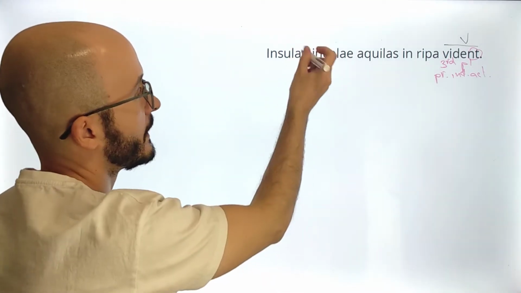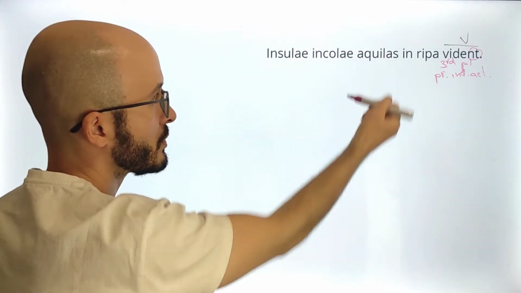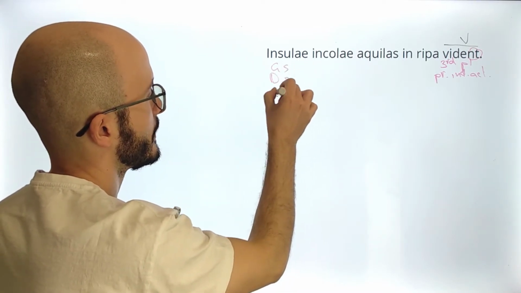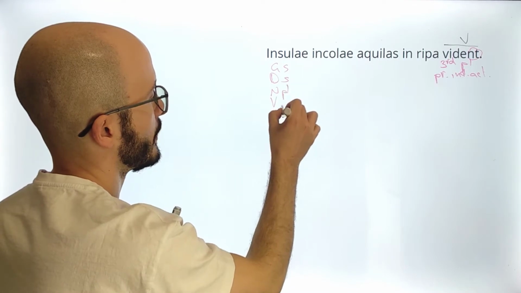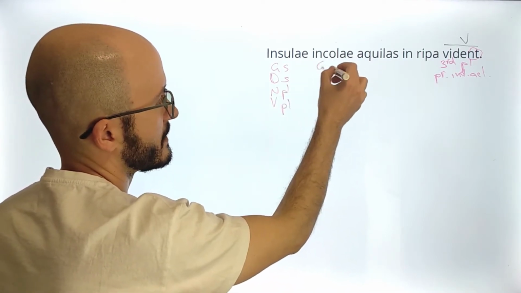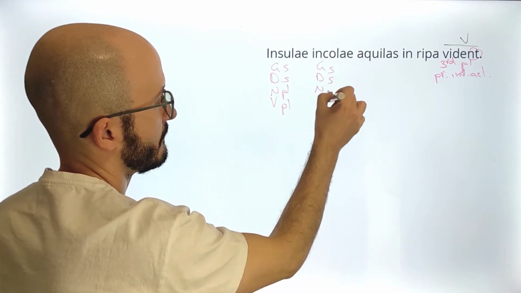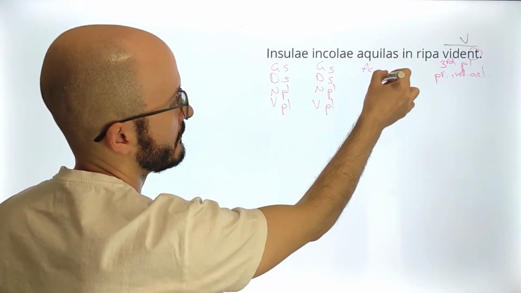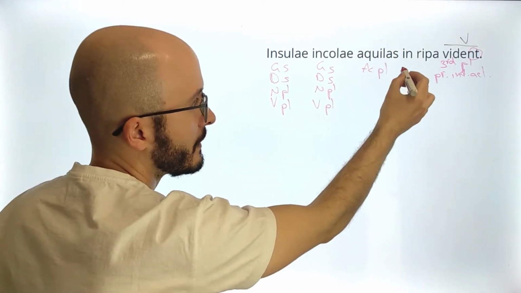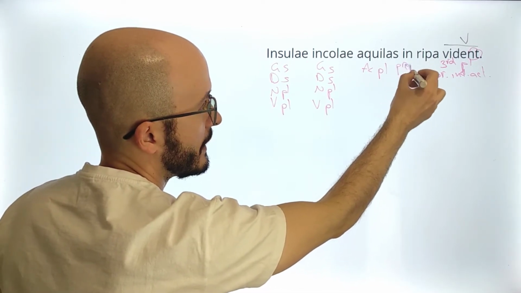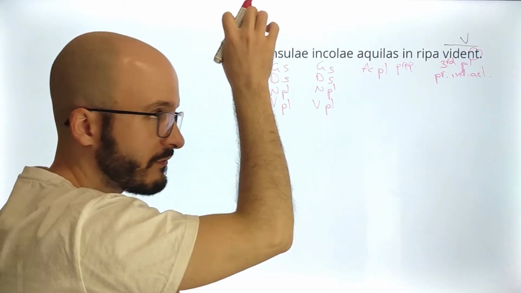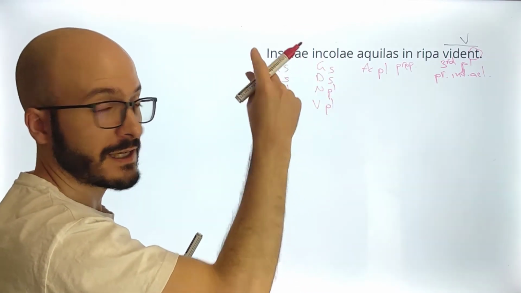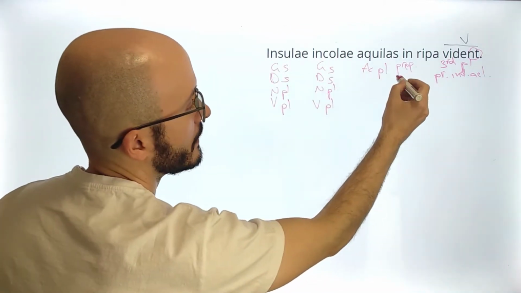We again analyze everything, all the possible cases. Here we have genitive, dative, singular, nominative, vocative, plural. Here we have exactly the same: nominative, plural, vocative, plural. Here, aquilas, we have accusative, plural. Then in, we have a preposition, and this is one of the very few prepositions that can have two cases, just like in German, by the way.